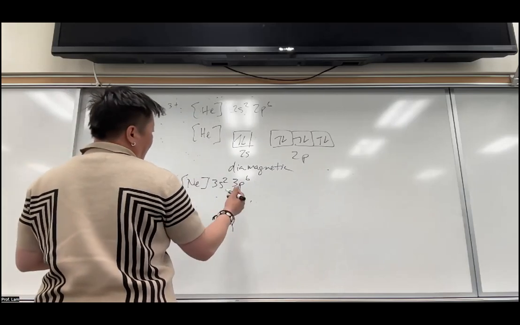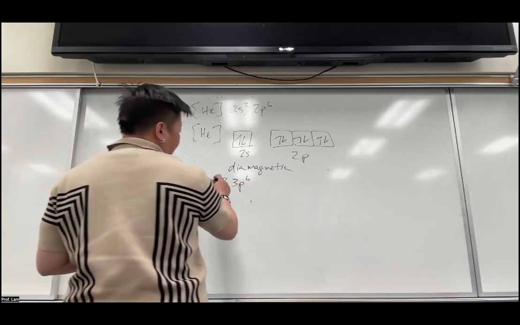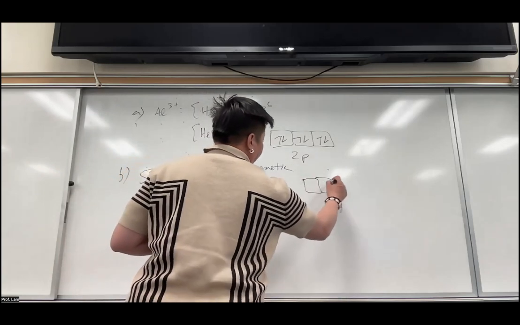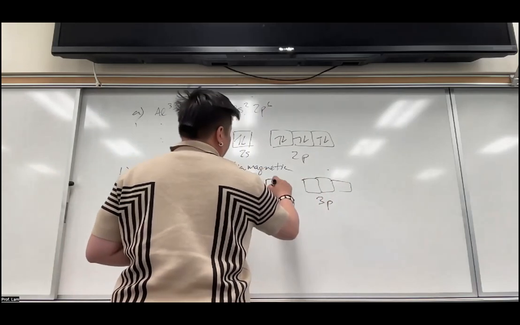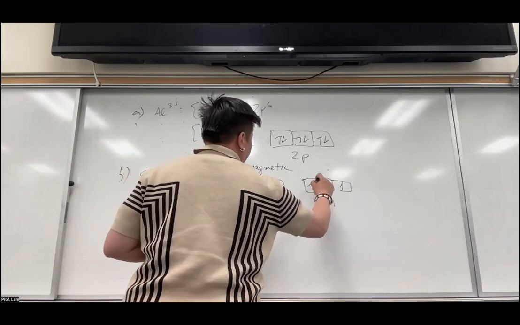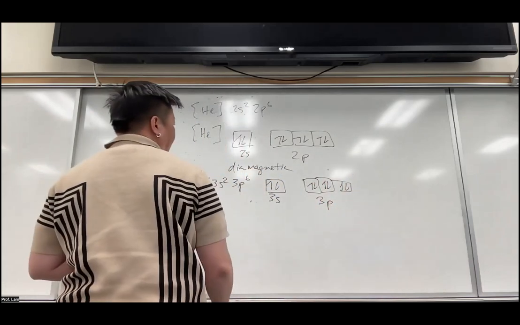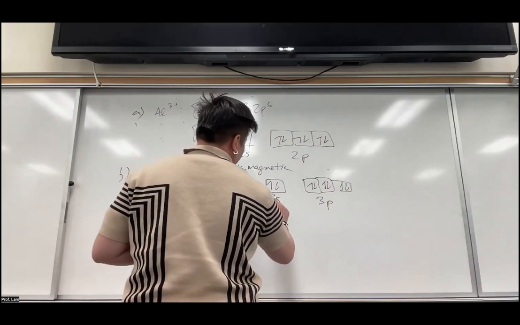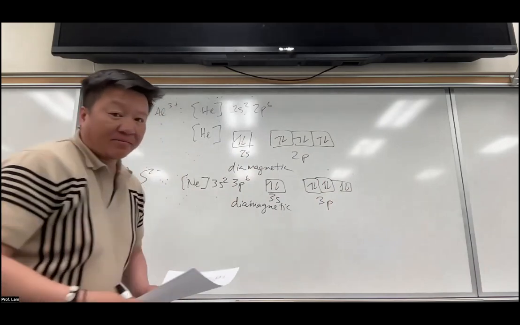Okay. So I'm gonna draw the orbital diagram again. 1 box for the 3s, 3 boxes for the 3p. 1, 2, 1, 2, 3, 4, 5, 6. Okay. Again, diamagnetic. Why? I don't have any unpaired electrons.